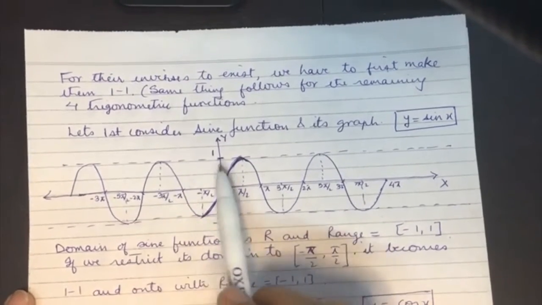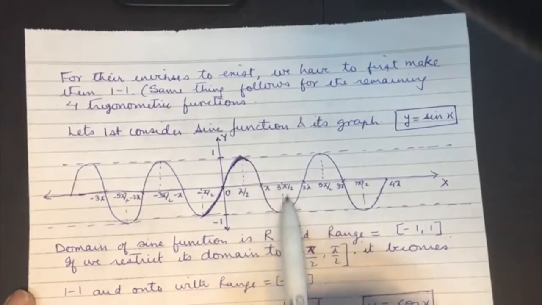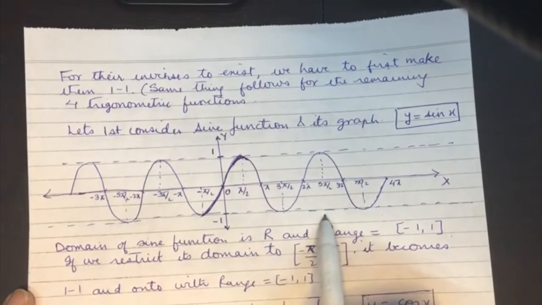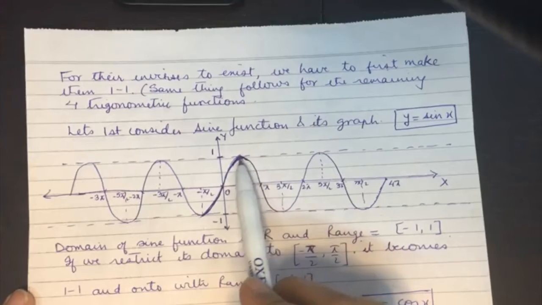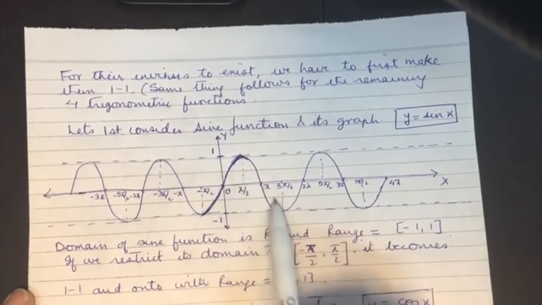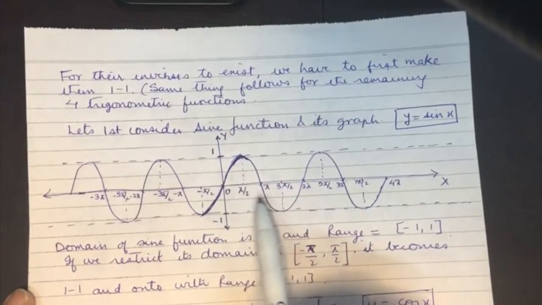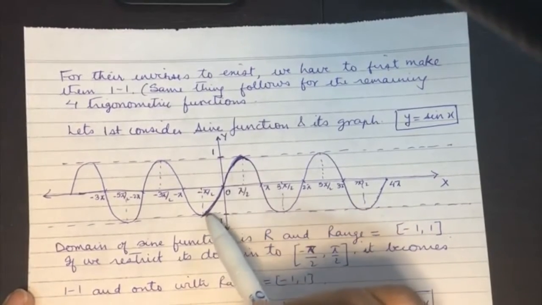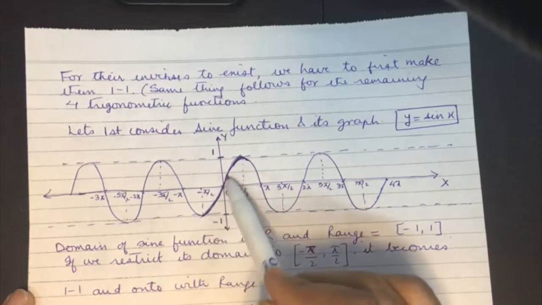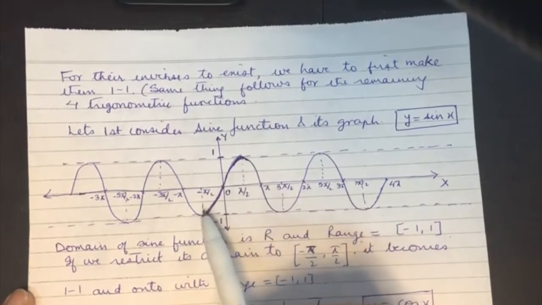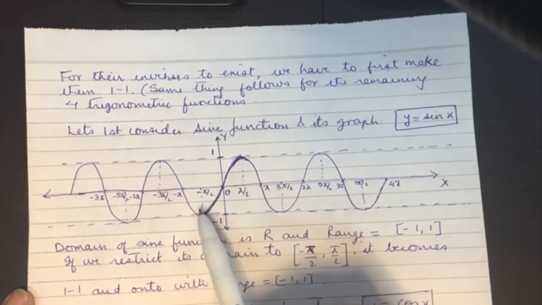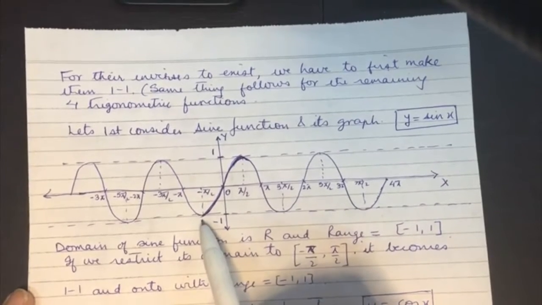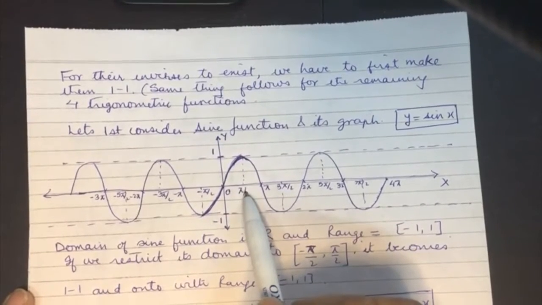So, if you take any one of these small segments of the domain, the range still remains. You can see that here all the values from minus 1 to plus 1 are there in this domain when x is from minus pi by 2 to plus pi by 2.